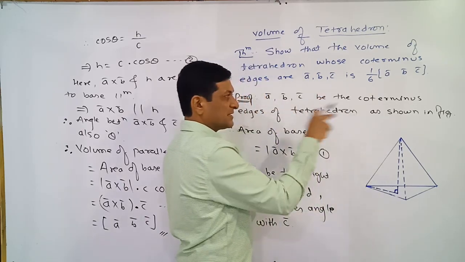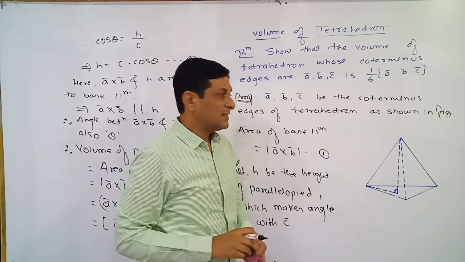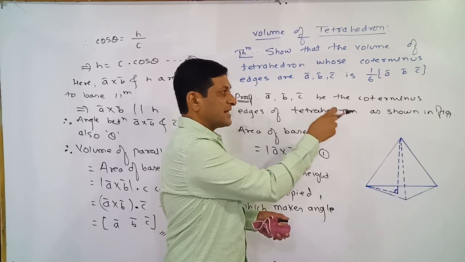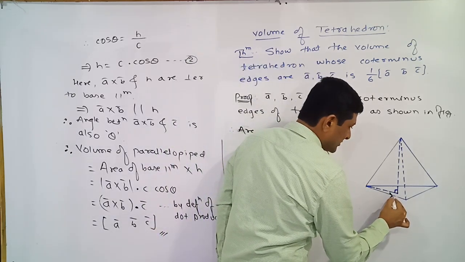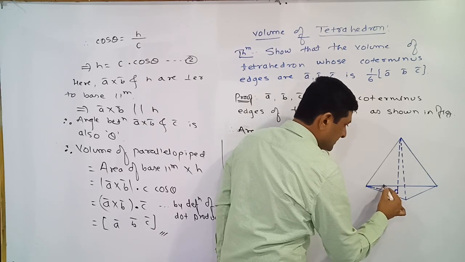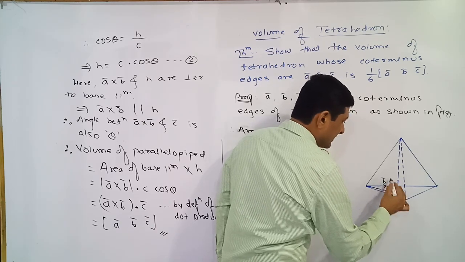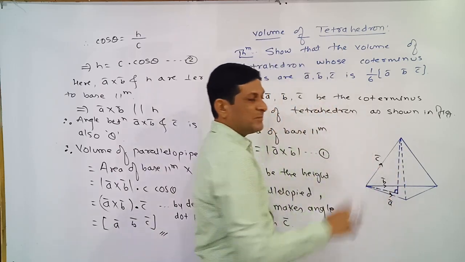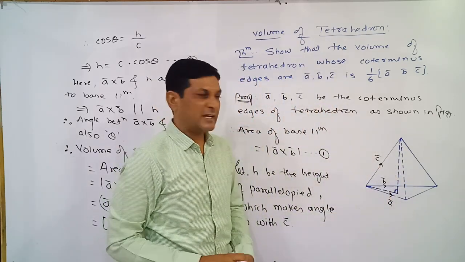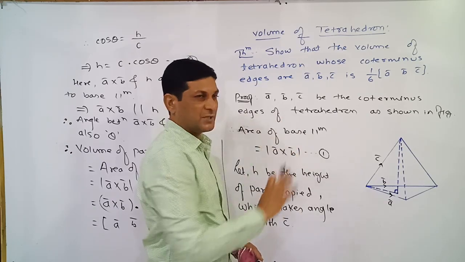So A bar, B bar, C bar are coterminous edges of the tetrahedron as shown in the figure. So let us denote this edge by A bar, this edge by B bar, and the third edge by what? C bar. So where A bar, B bar, C bar represent coterminous edges of a tetrahedron as shown in the figure.